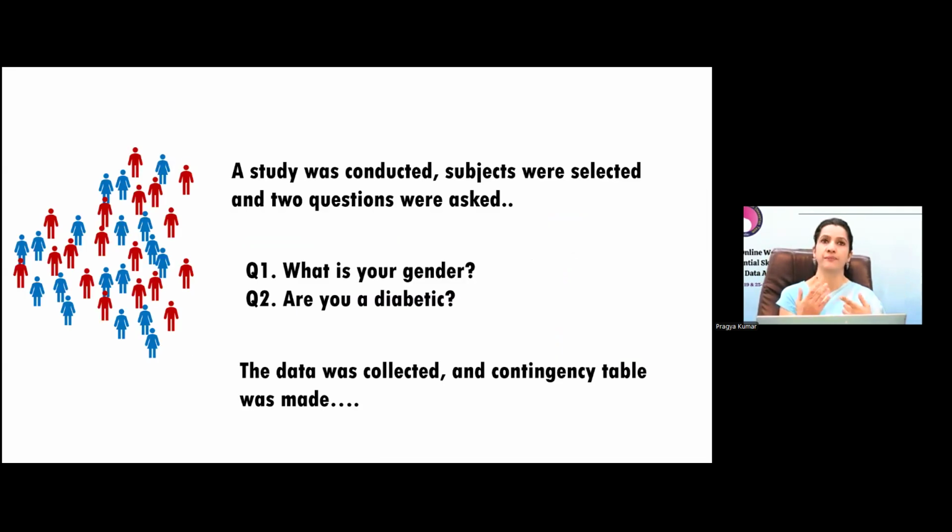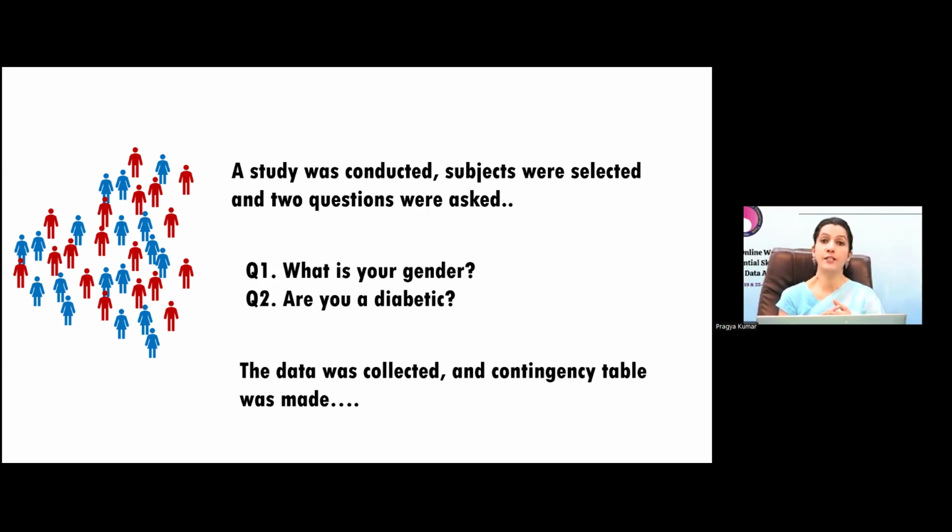For example, this is another example. A study was conducted, and this is more of epidemiology. In this example, I am talking about how that study was conducted. I selected a few subjects and I asked two questions: what is the gender of the subject, and are you diabetic or not. Because from now onwards, especially in chi-square statistics, how you have selected the sample is also important.